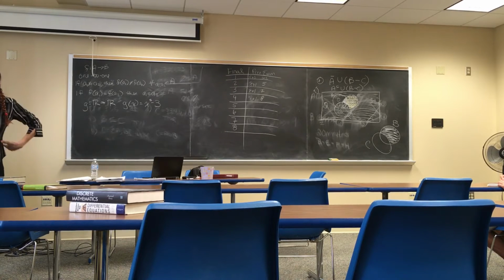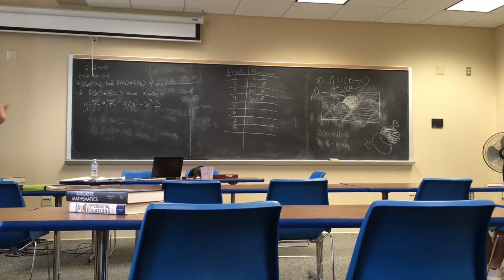Be like, look, if I plug in a 2, I get 3. If I plug in a 4, I get 3. And 2 and 4 are not the same number. If you plug in two different numbers, you're supposed to get two different answers. So if you can come up with two different numbers that give you the same answer, then we have a problem, okay? This one, however, is one-to-one.